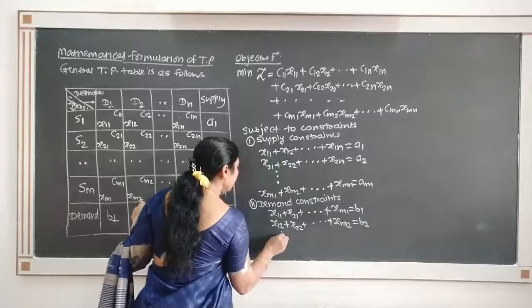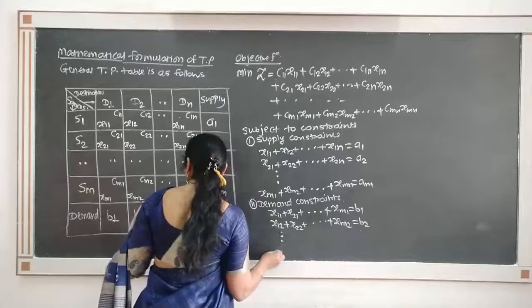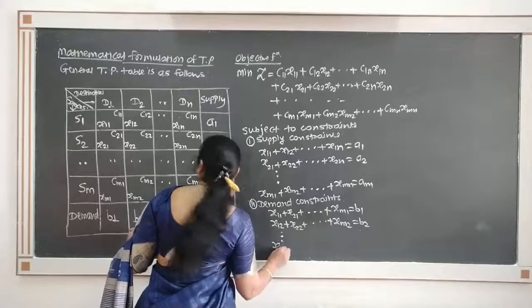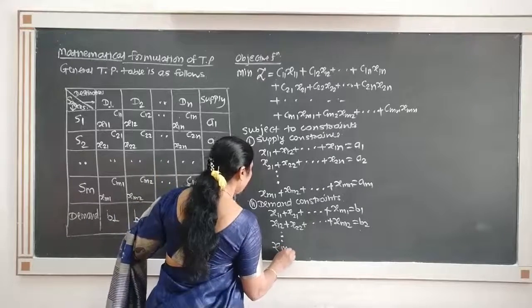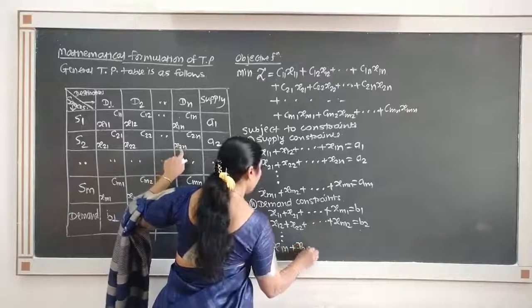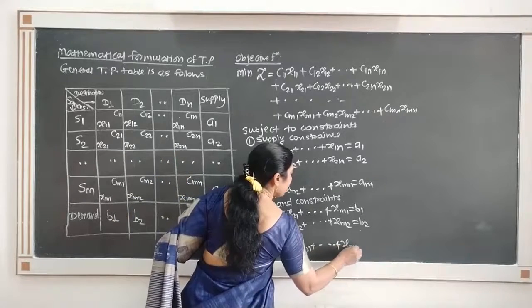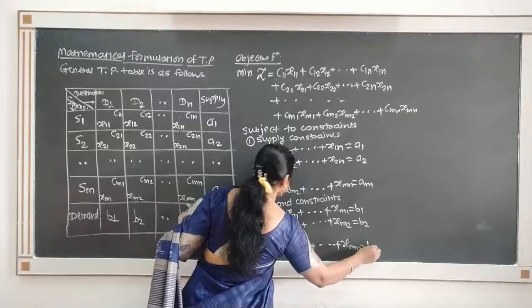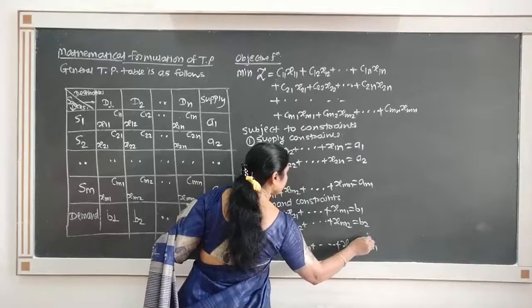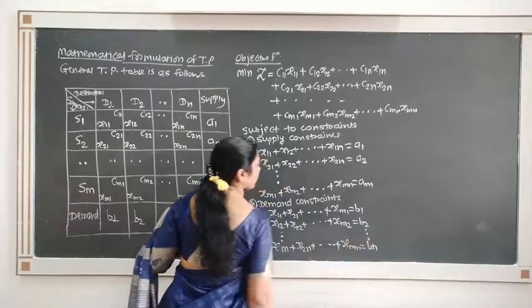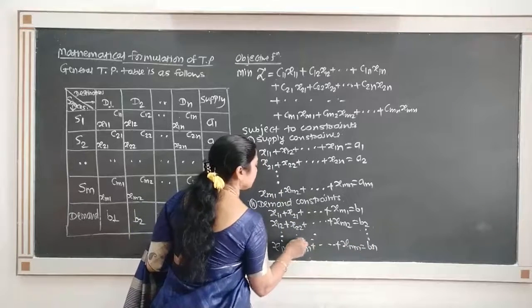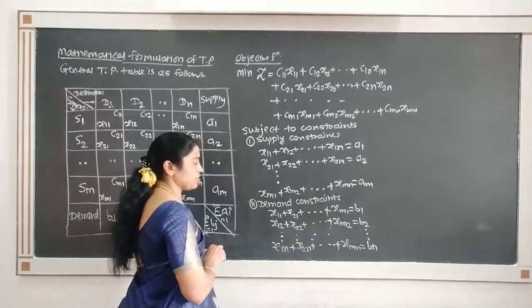And lastly, continuing in this manner, we will get X1n plus X2n plus etc. up to Xmn is equal to bn. So these are demand constraints.